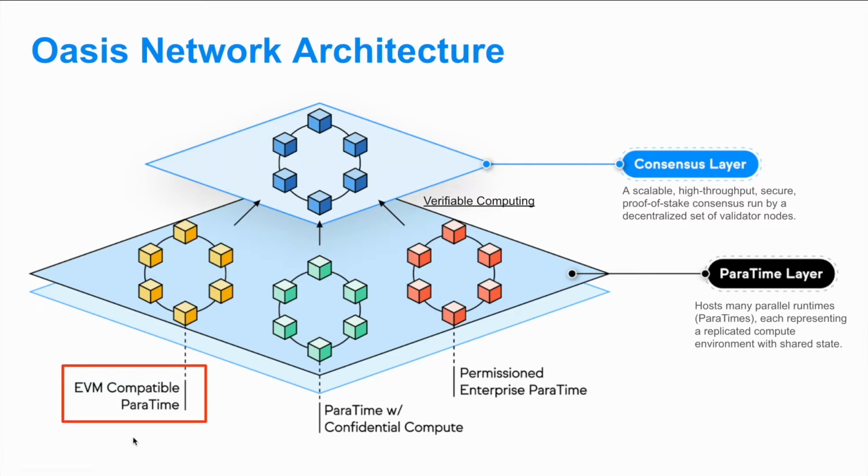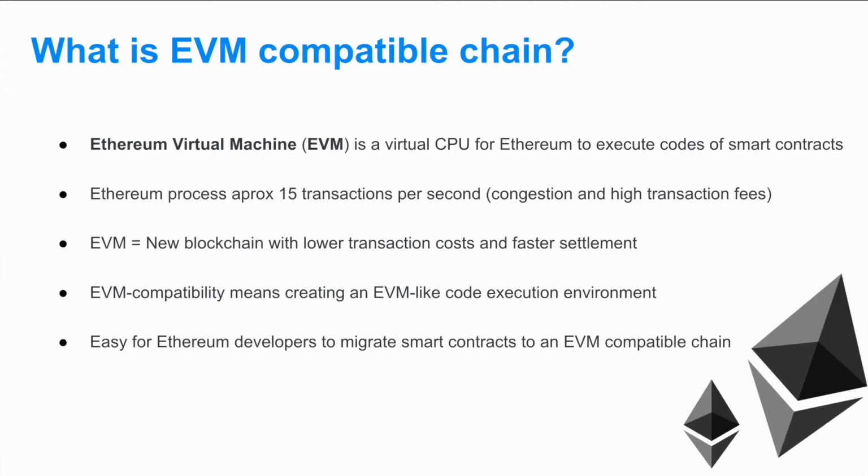Okay, now we will focus on the EVM compatible ParaTime, and this EVM compatible ParaTime is called Oasis Emerald ParaTime. Let me first go over what an EVM compatible chain is. If you're wondering why we have so-called Ethereum Virtual Machine compatible blockchains, there must be some reason, right?